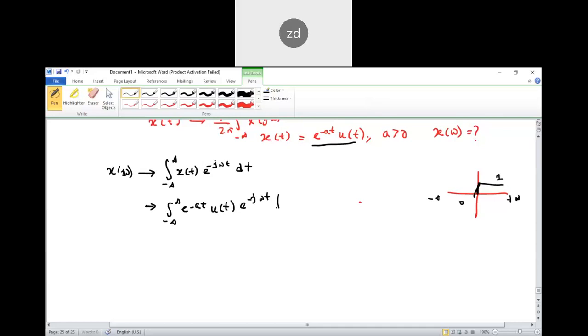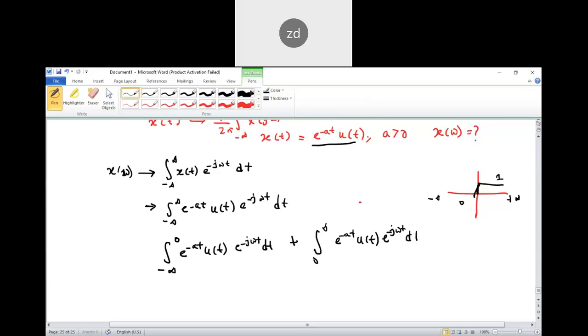This can be broken down into the integral from minus infinity to 0 of e^(-at) u(t) e^(-j omega t) dt, plus the integral from 0 to infinity of e^(-at) u(t) e^(-j omega t) dt.